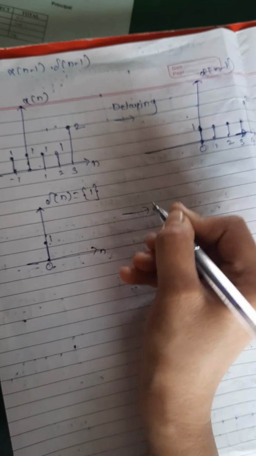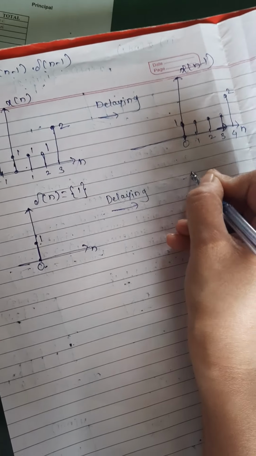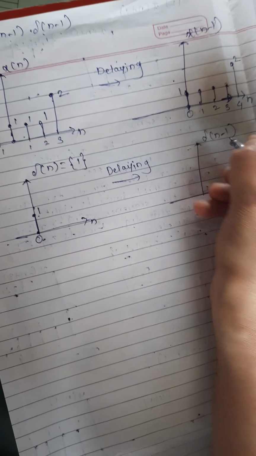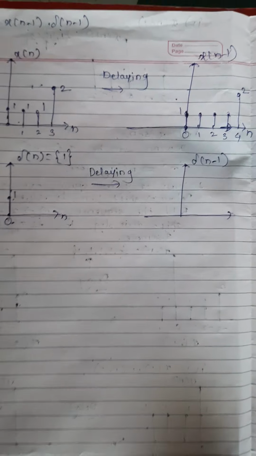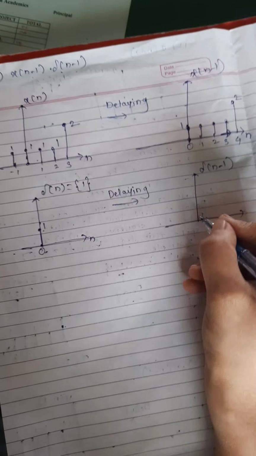So we have to apply the delaying operation to this also. So it is delta of n minus 1. We have to shift this original signal delta of n by one sample.